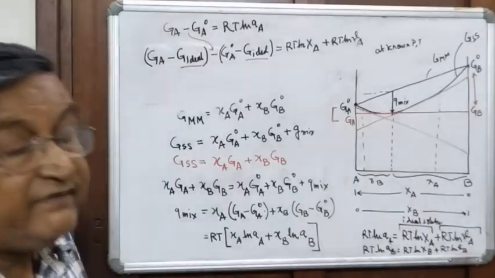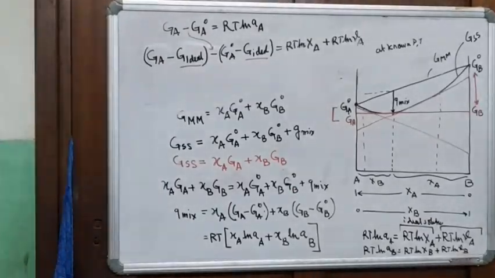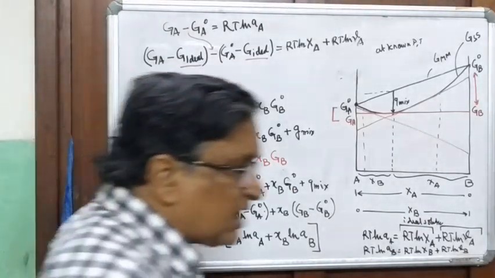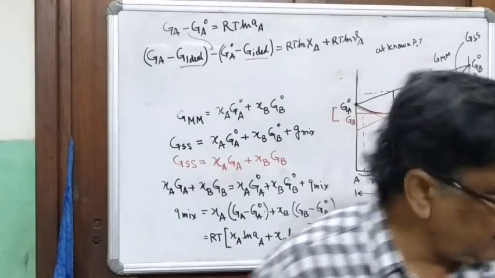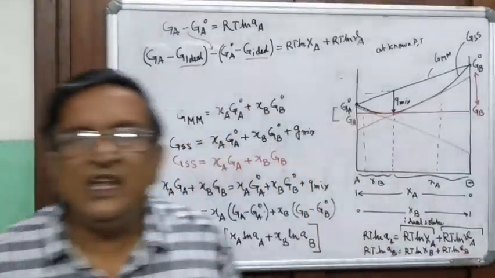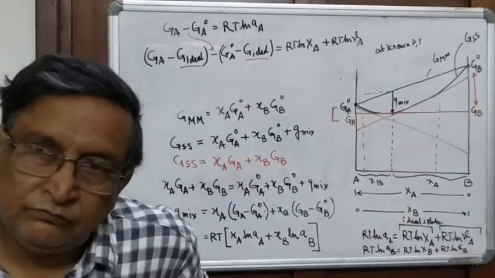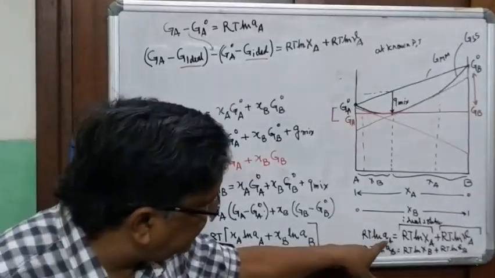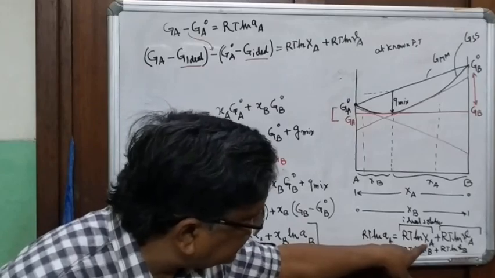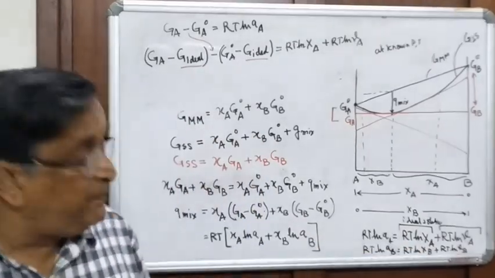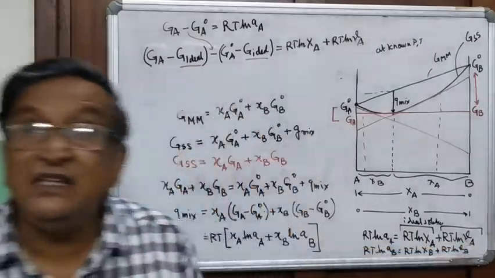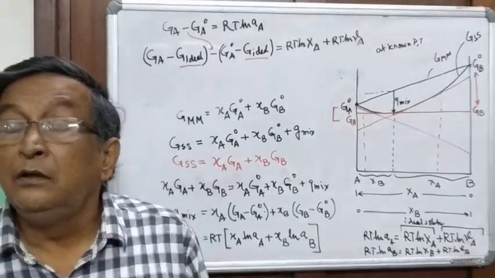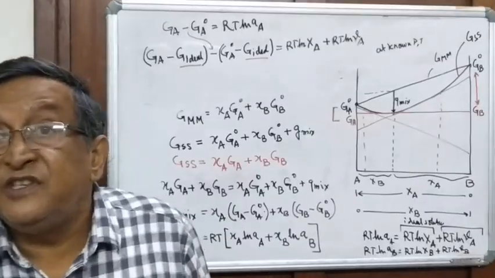Now, why I have done this? Remember I told you when you have RTL and XA, that means RTL and gamma A is 1. When you just write RTL and activity A is equal to RTL and XA, then you actually mean RTL and gamma A is non-existent. That means it's 0.